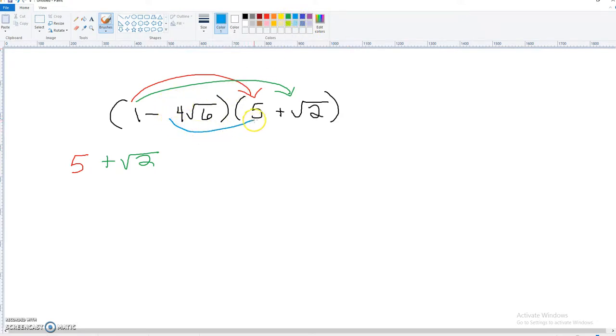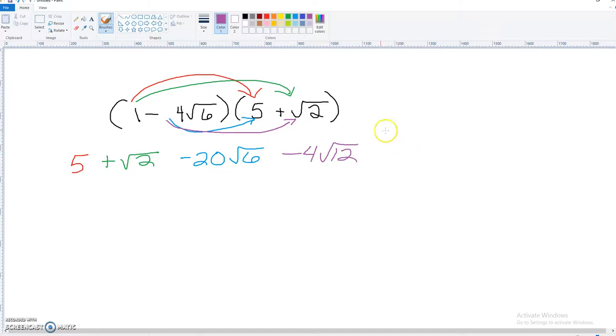Negative 4 square root of 6 times 5 is negative 20 square root of 6. And then negative 4 square root of 6 times the square root of 2 is negative 4 square root of 12.